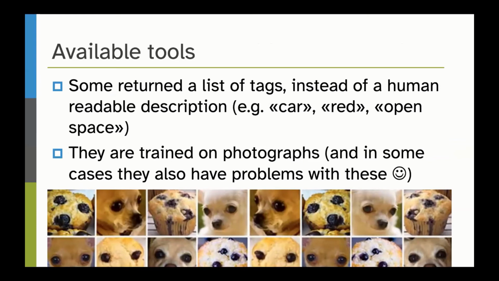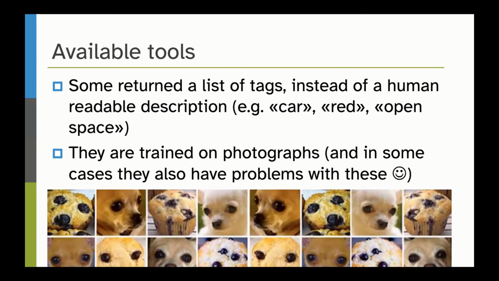As I said, there are many tools available, and almost all of them work well for photo recognition, even if sometimes they confuse photos of Chihuahua dogs with muffin photos, as you can see in this slide, which is really funny. Some of these tools return only tags, others return a human readable description.